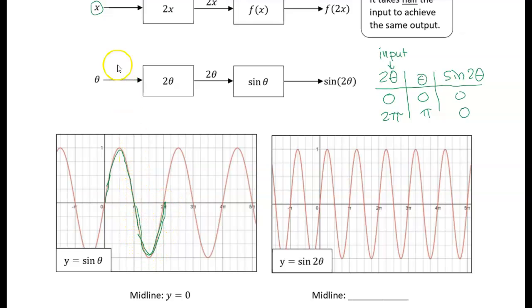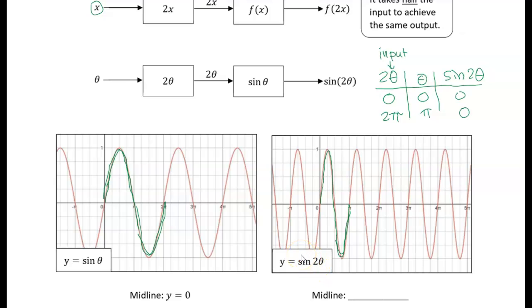I've kind of highlighted there. Well, tried to highlight. I should probably use a highlighter. So there's one cycle. Now, sine of 2 theta cycles over pi radians. Okay, so the period is half of what it was. Okay, so the sine of 2 theta has a period of pi, half of the normal cycle.